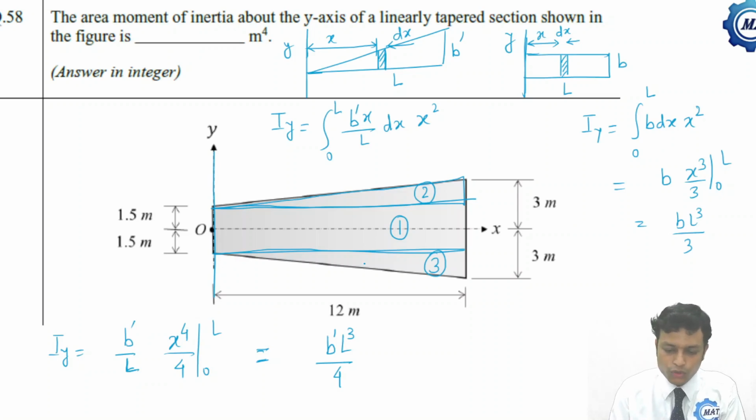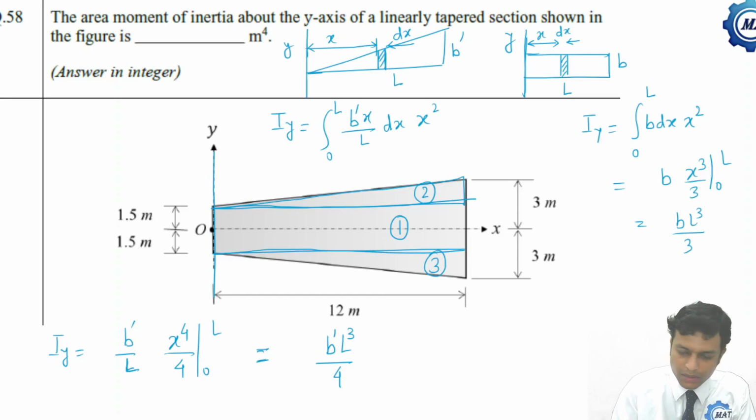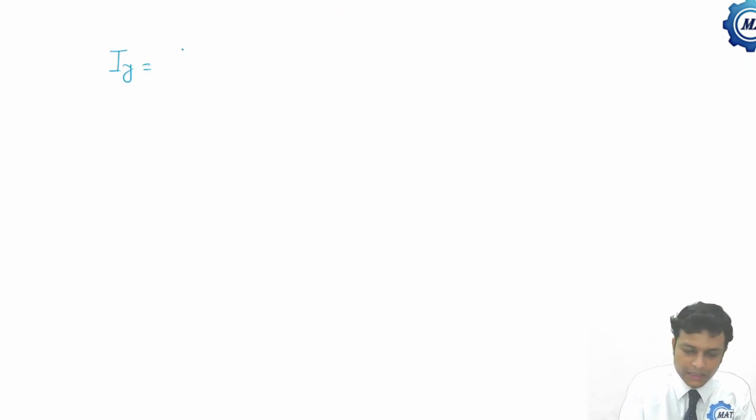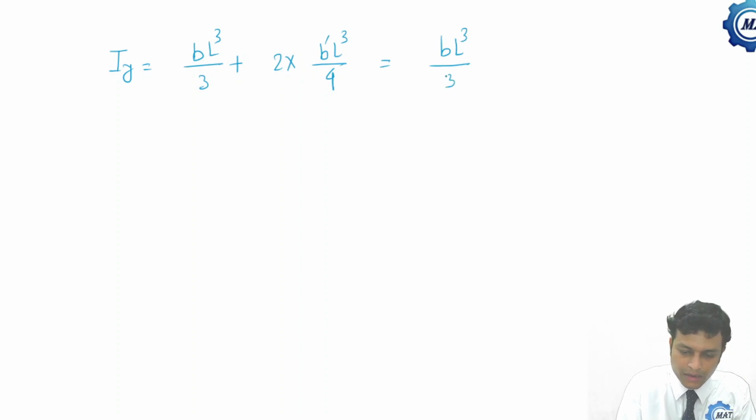Now here we have two triangular elements. So what will be IY? Total IY is, for the rectangular element, B L cube by 3 plus 2 into B prime L cube by 4, that is B L cube by 3 plus B prime L cube by 2.